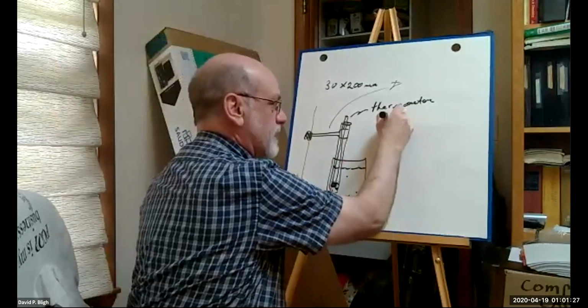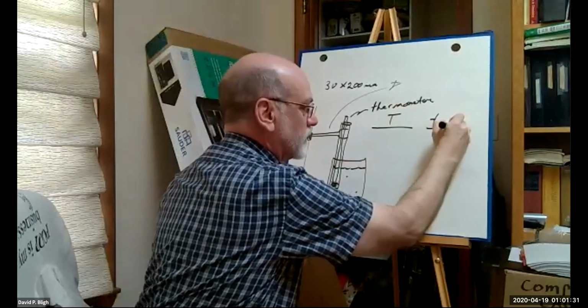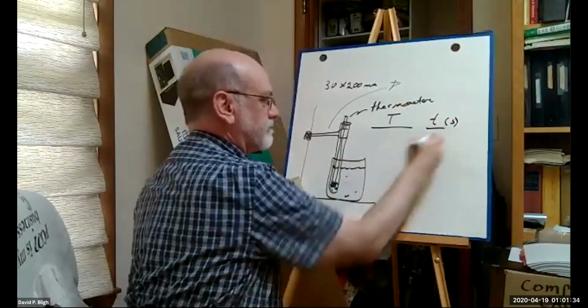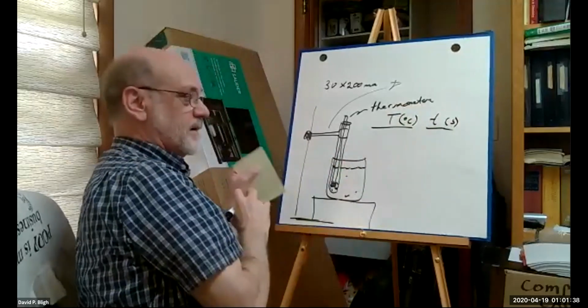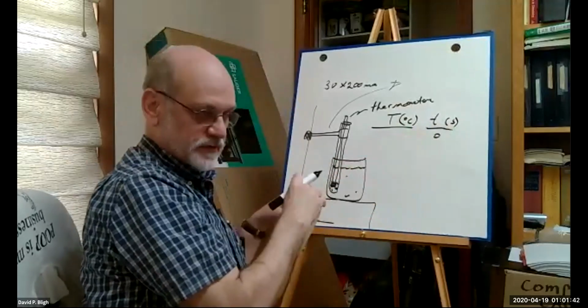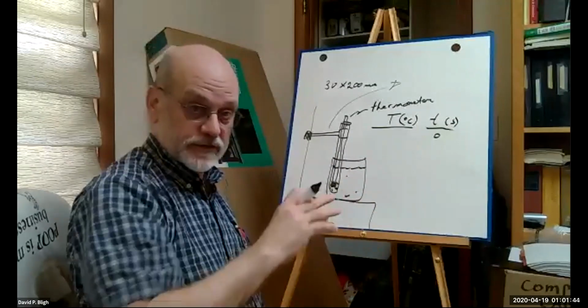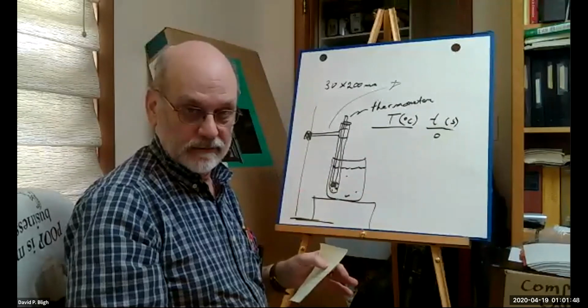Right? So you're going to have temperature column over here, and you're going to have time over here in seconds, and temperature in degrees C. Right? So at time 0, you're going to start your watch. That's one of the lab partners is going to start the clock, and don't stop it. Just let it run.